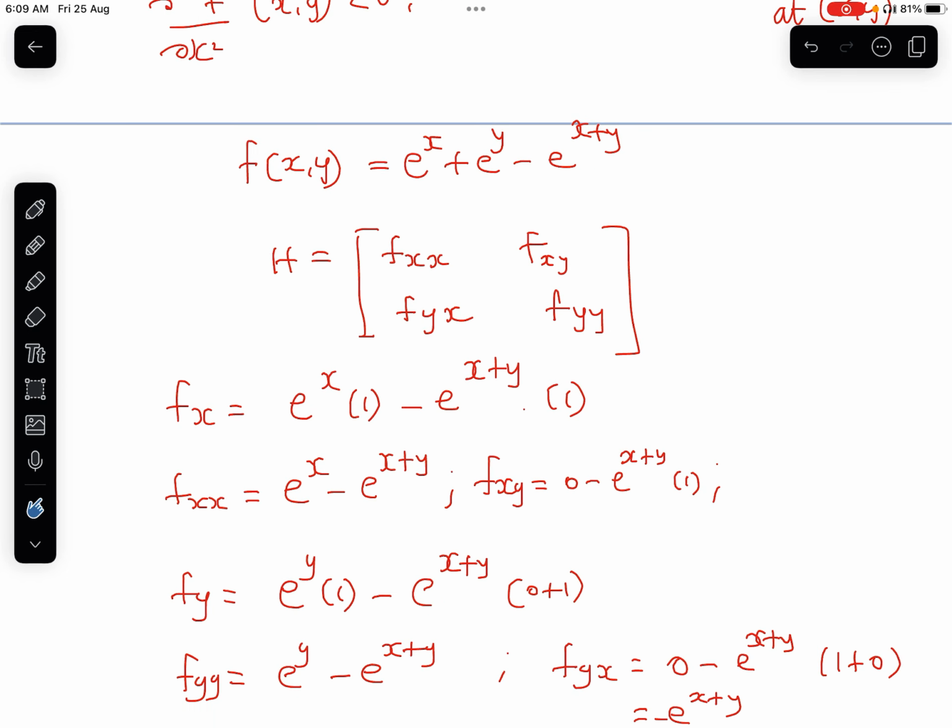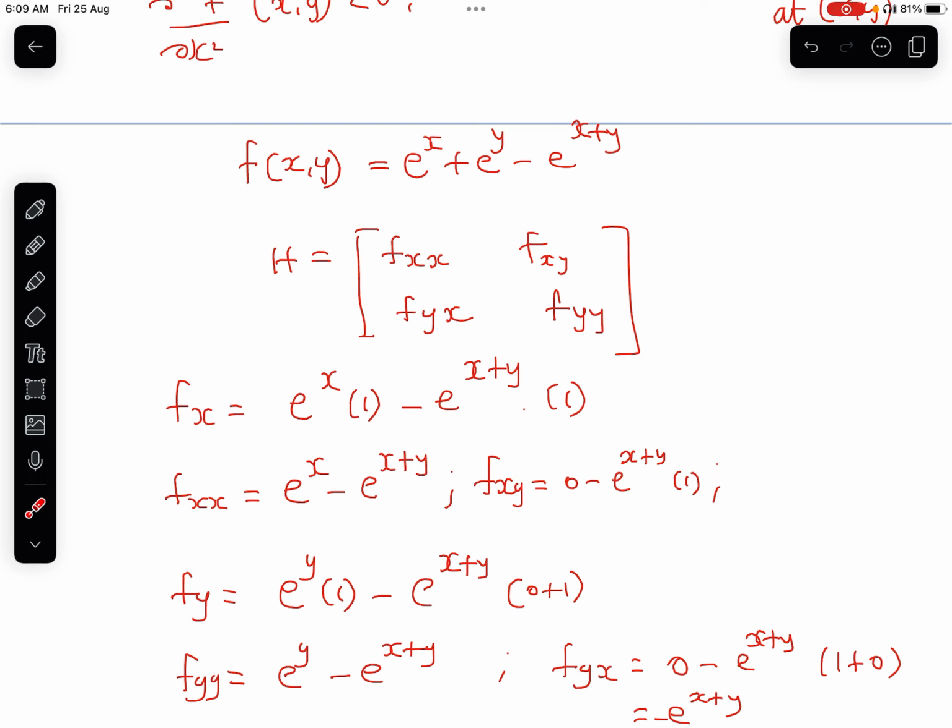The formula that I told is this. They have given a suitable function and this is the Hessian matrix for the two dimensions x comma y. So according to each element, before finding f of xx, the second derivative, let us solve for the first derivative.